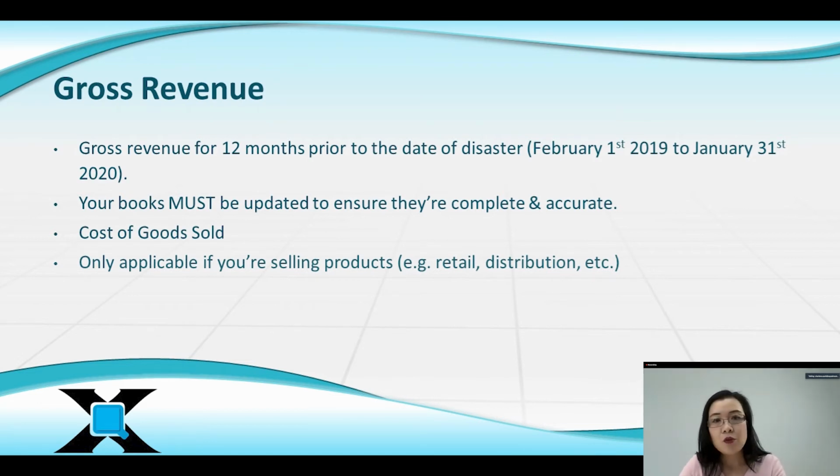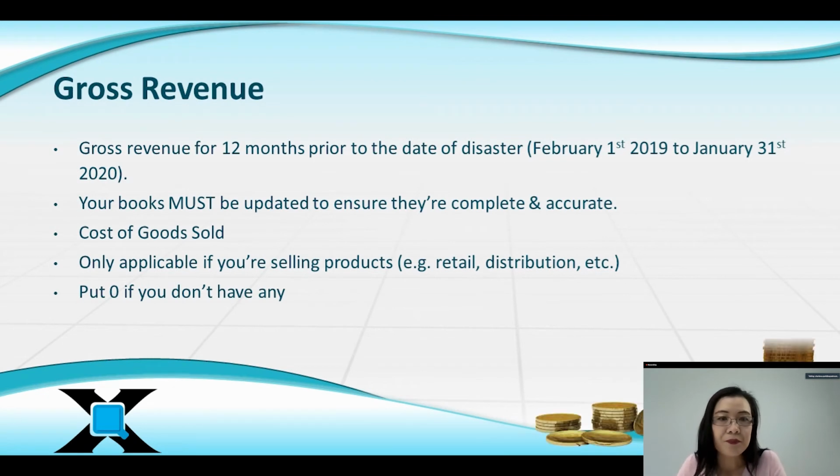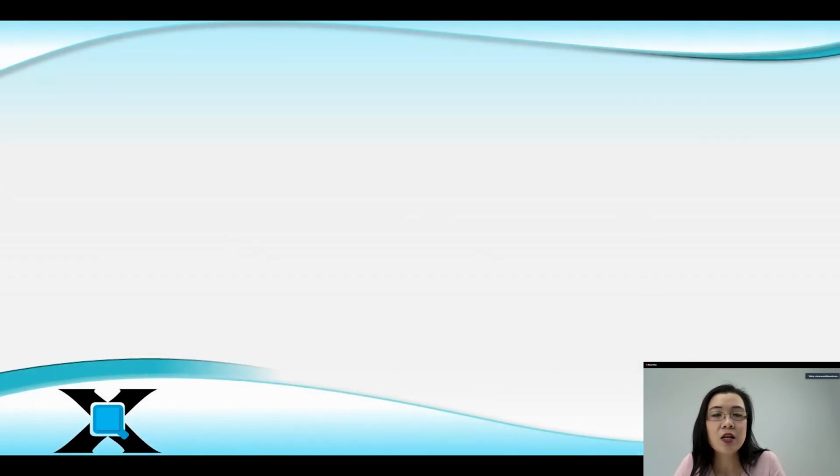For example, if you're in retail, you're in distribution business, you're distributing goods, then you would have cost of goods sold. So don't worry, if you really don't have cost of goods sold, then you just put 0. It should be fine.